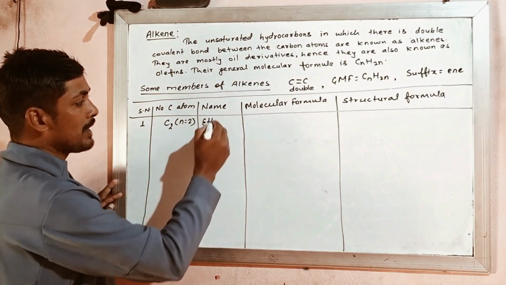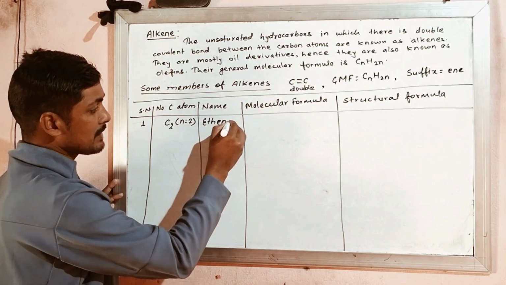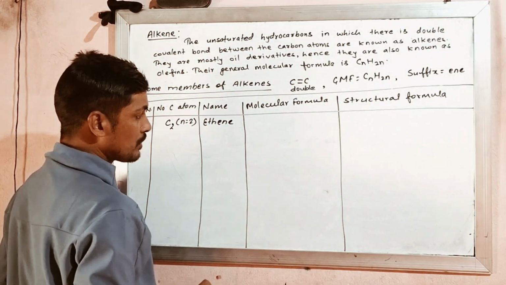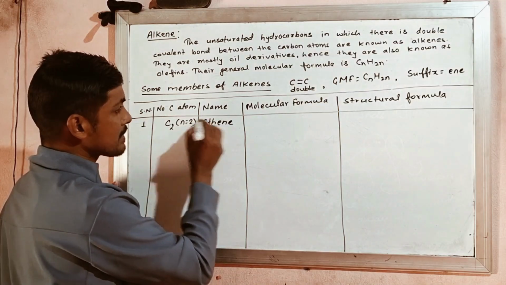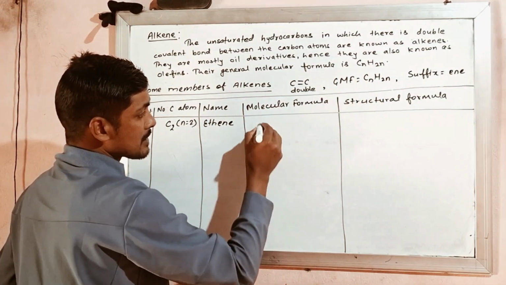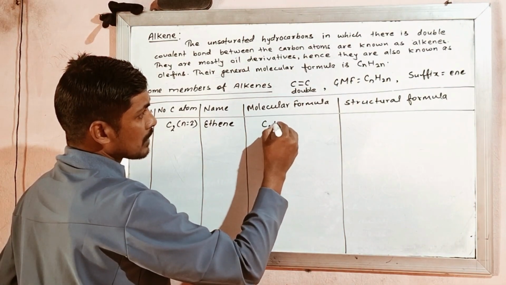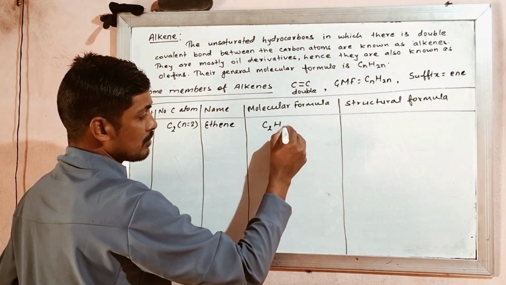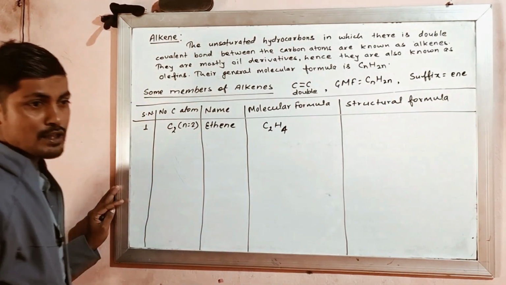Since it is alkene, we use the suffix ene. So the name is ethene. Now the molecular formula. Here n is equal to 2. That is why C2H, 2 into 2 is 4. C2H4.